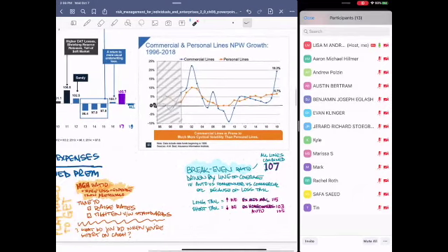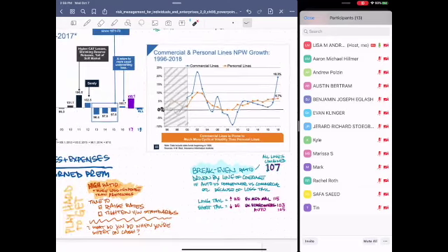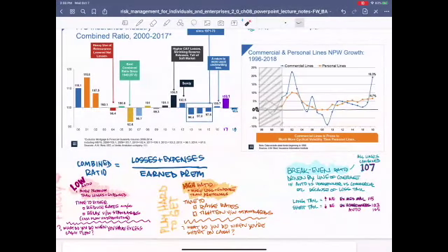All right, so this other chart, commercial and personal lines net written premium growth from 1996 to 2018. I just wanted to provide it as a comparison to this chart. And I blocked out the years before 2000 because I wanted to do a side by side, starting with 2000 through 2018.